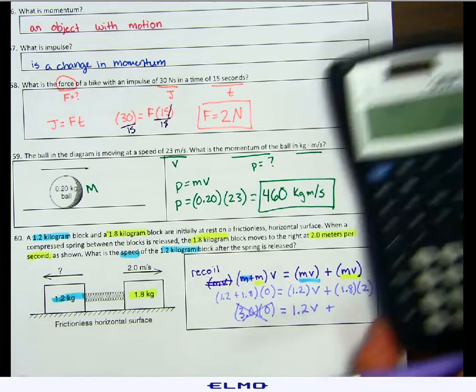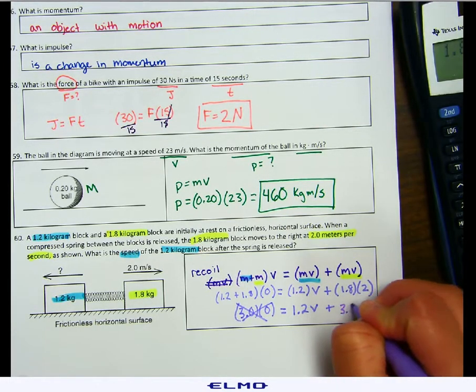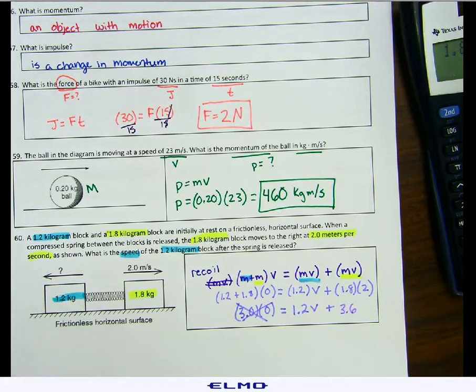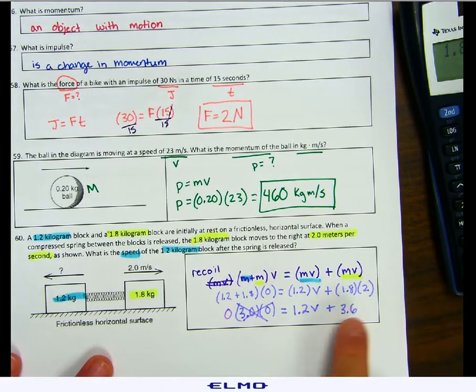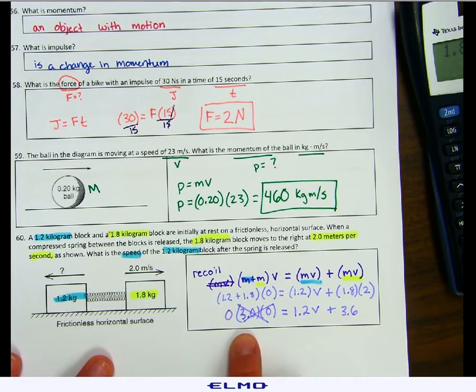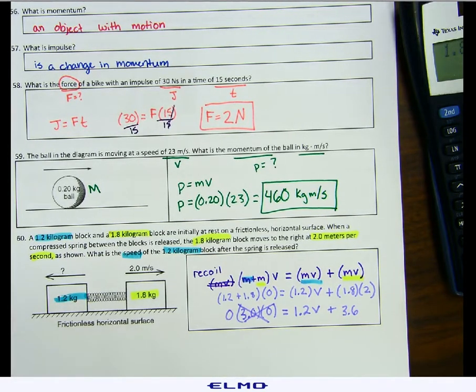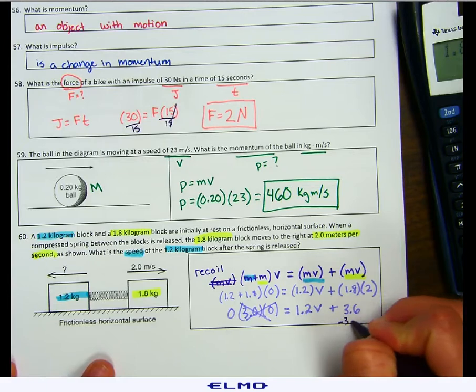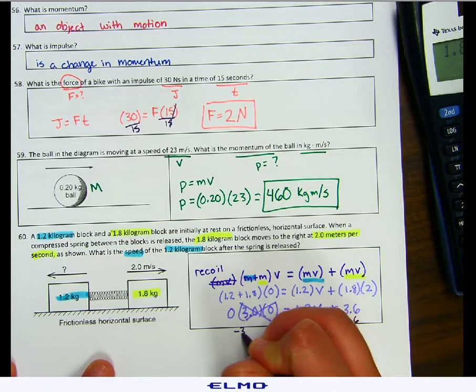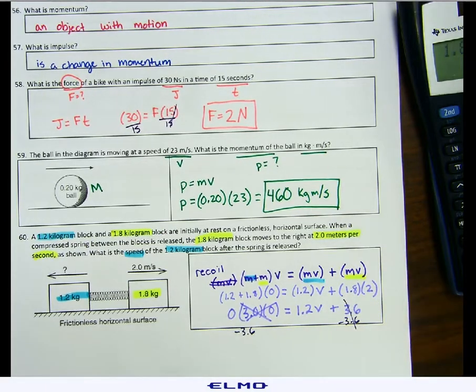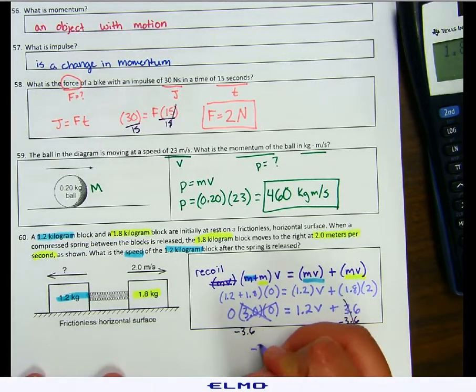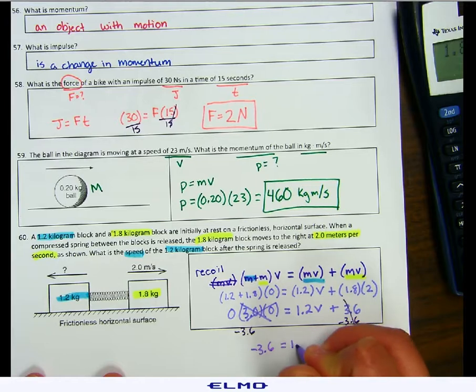That's going to be 3.6. Now, using algebra, this would be a 0. So I have to remove 3.6 and bring it to the other side. I'm going to do that by subtracting, because it's being added, I need to do the opposite. So when I do that, that cancels out. I'm left with negative 3.6 equals 1.2v.